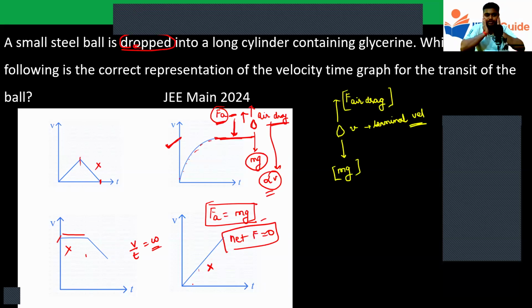A small steel ball is dropped into a cylinder containing glycerine. Which one of the following is the correct representation of velocity? So here the talk is about the terminal velocity.